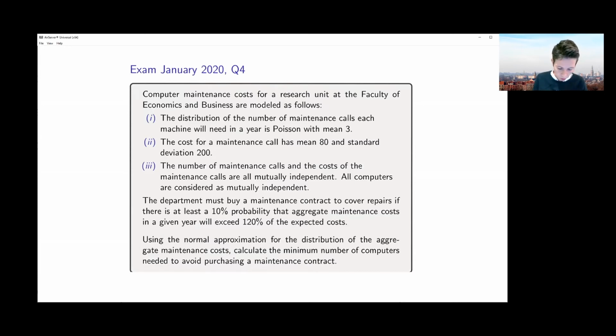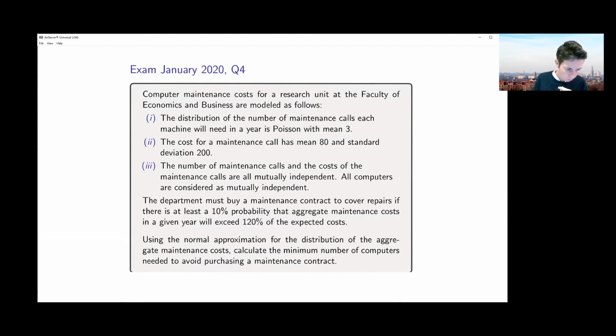So what do we need to solve? Well, the department must buy a maintenance contract to cover repairs if there is at least a 10% probability that aggregate maintenance costs in a given year will exceed 120% of the expected costs. So can you then calculate the minimum number of computers which is necessary to avoid having to buy this maintenance contract? Yeah.